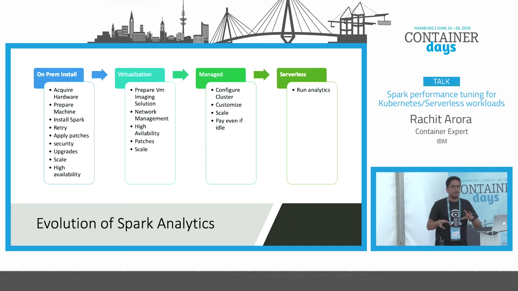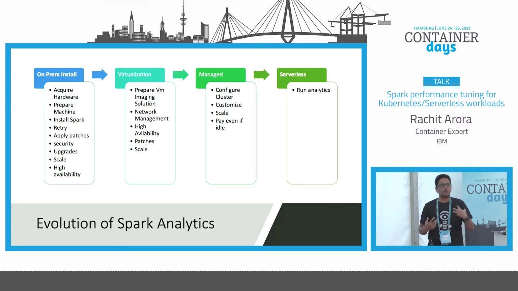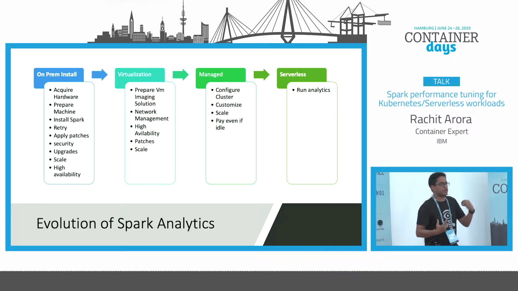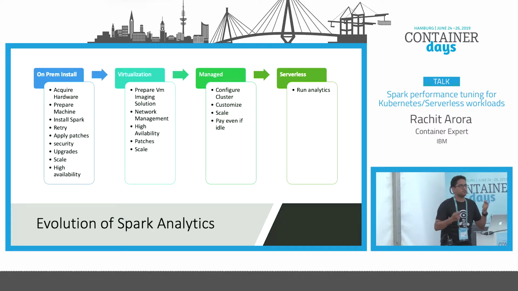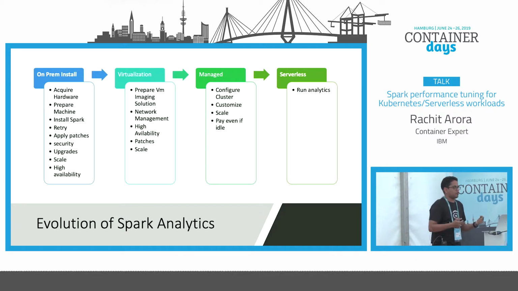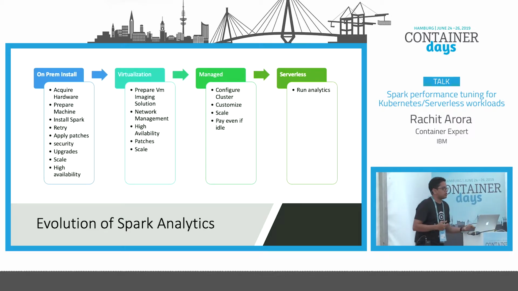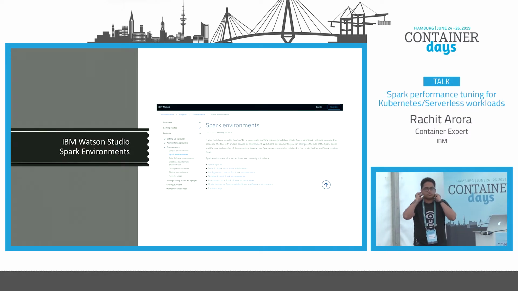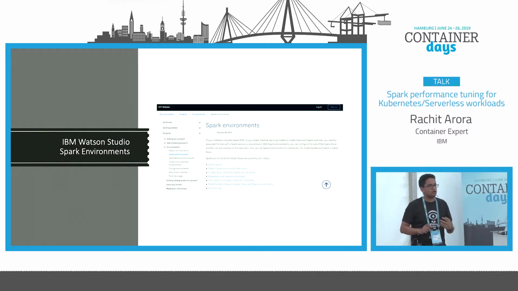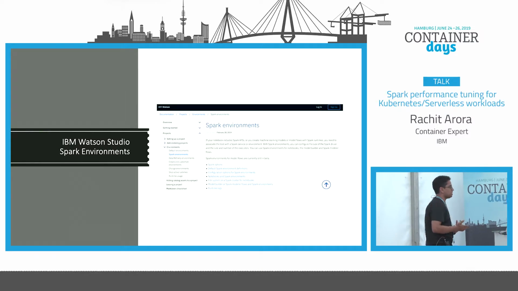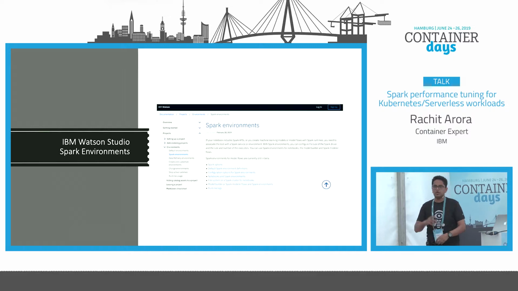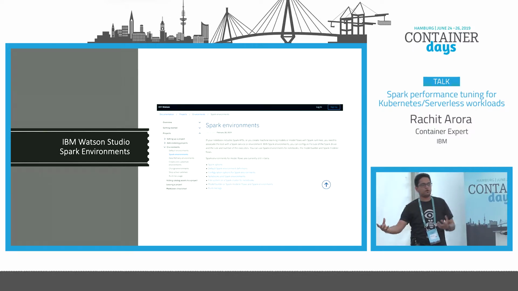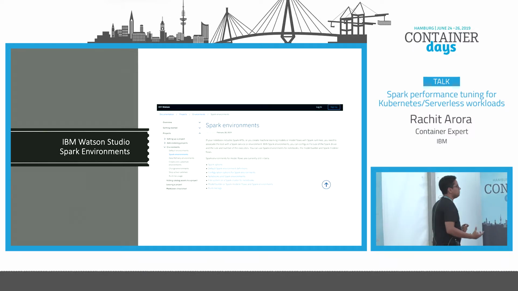So basically, as a data scientist, I'm looking for a serverless offering where I can request a dedicated runtime, which can come in a few seconds, and I'm not paying for that runtime all the time. We have one such offering at IBM, called IBM Watson Spark Runtimes, where you can connect using Jupyter notebooks and request a Spark runtime, which comes in a few seconds.